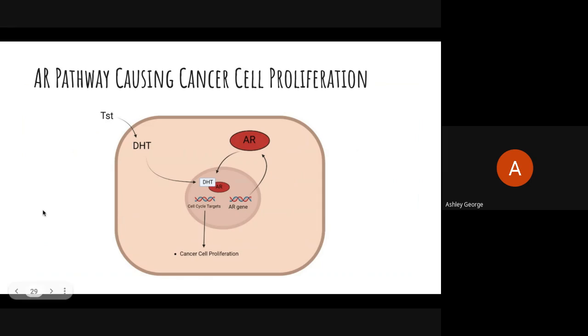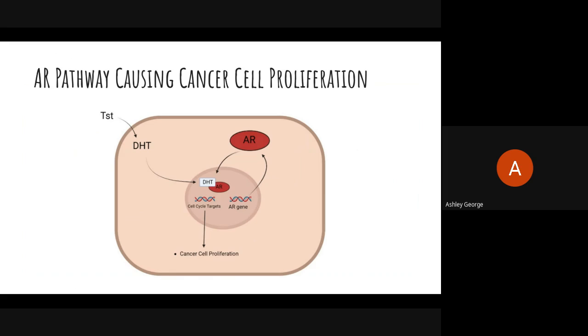Another important pathway is the AR pathway. This one seems to be less complicated from what we can see here. So as I mentioned, the binding of androgens to androgen receptors is what instigates, in normal cells, the individual's reproductive development. It's important to have in normal cells.